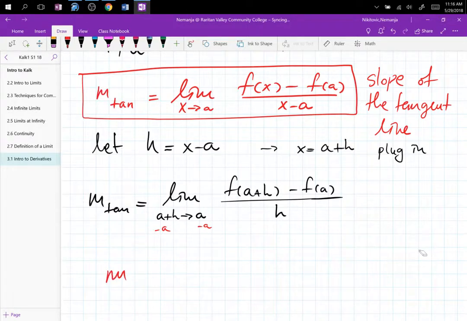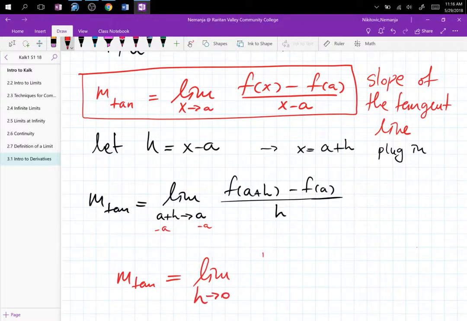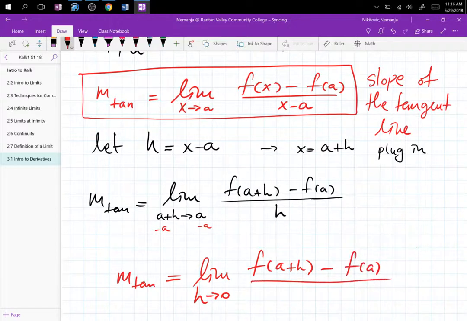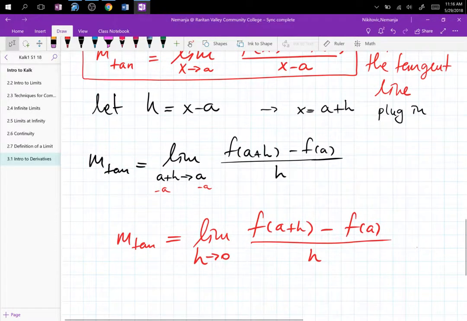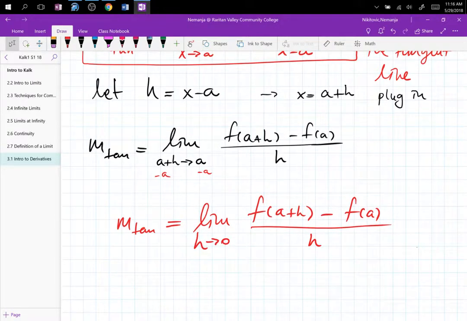Are you ready? M tangent is equal to the limit, h goes to 0, of f of a plus h minus f of a divided by h. Do you recognize the formula? Anyone?